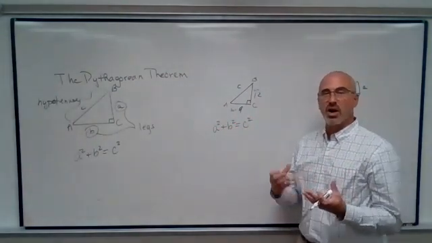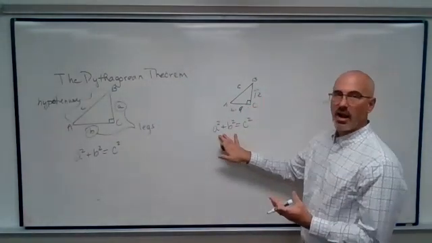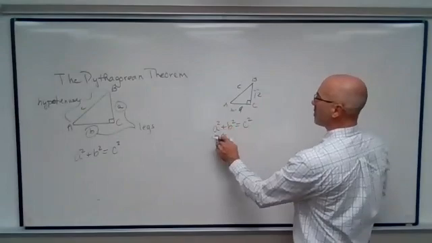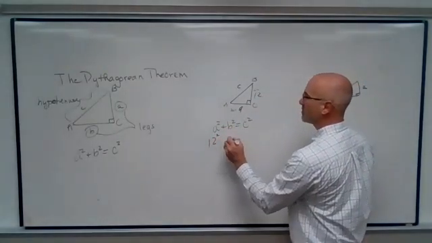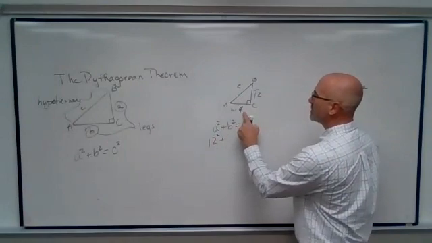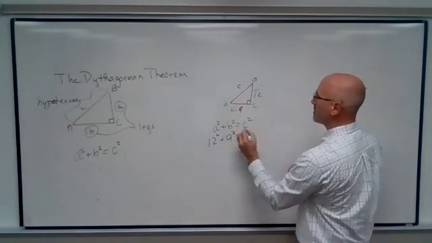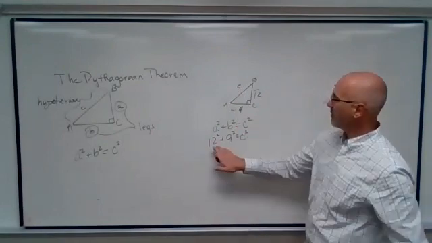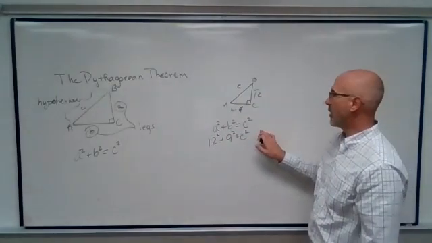Now we are going to start putting in the values in this algebraic equation. So A we have as 12, so 12 squared plus B squared, and B is 9. And we don't know C, that is what we are trying to find. So we have 12 squared plus 9 squared equals C squared.